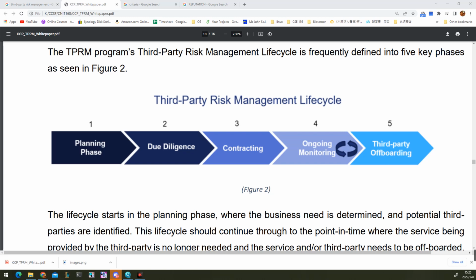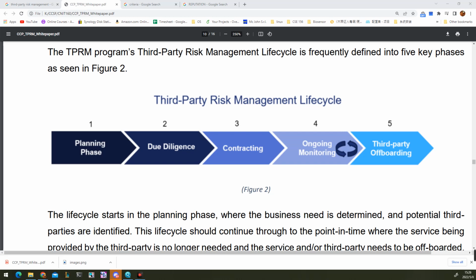This minimum standard should be based upon our company's own internal IT security and compliance standard. So all the third party minimum standards should match our company minimum standard, like the internal IT security and compliance department.